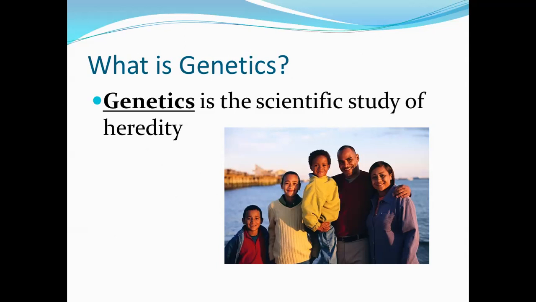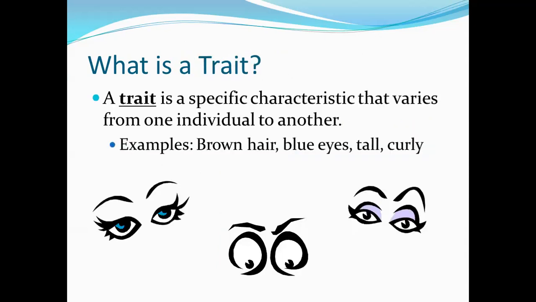So, genetics, this is the study of heredity. All right, I'm sure you're familiar with that. Your teacher already explained this to you. And when we say genetics, we are talking about traits or trait. And these are all the specific characteristics in all individuals.